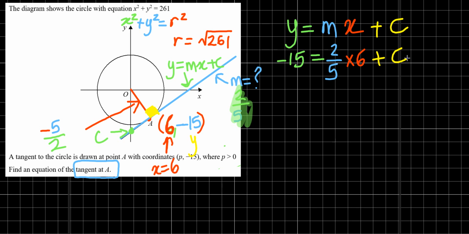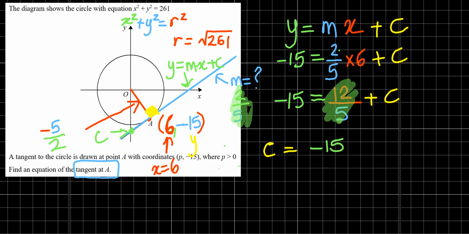If we simplify that, we have minus 15 equals 2 times 6, which is 12 over 5, plus c. So c is going to be minus 15, and we subtract this fraction, 12 over 5, because we want to make c the subject.